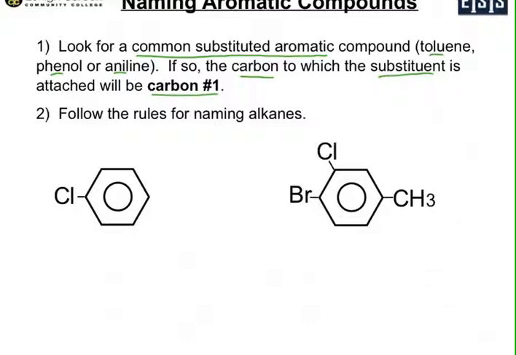And then other than that, you basically are just following your normal rules for naming. So let's use this first one on the left here as an example. You have your benzene ring, and there's 1 chlorine attached to it.